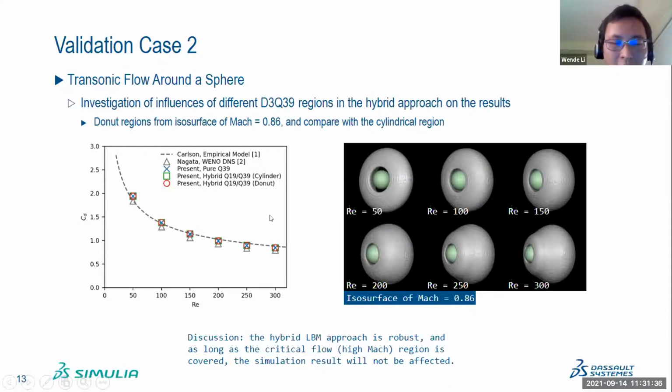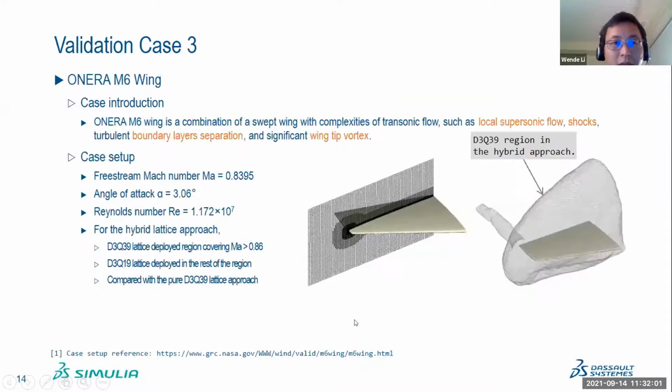Still, we can't see a big difference, either when we use a cylindrical transonic region or some other arbitrary shapes. So the observation is that the hybrid IBM approach is robust, and as long as the critical flow regions or the high Mach number regions are covered, the simulation result will not be affected.